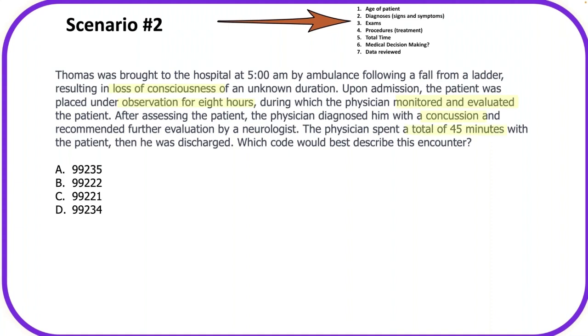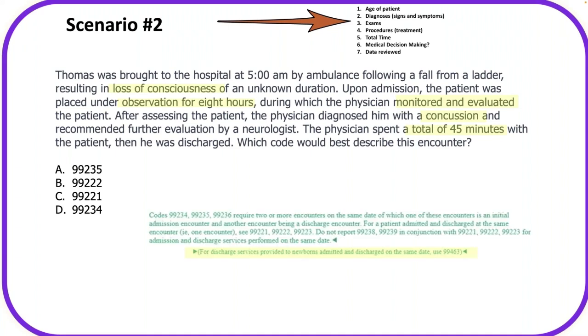And the doctor spent 45 minutes with the patient. And because there was no initial workup and discharge, no initial admission and discharge, then this constitutes one encounter. So we cannot use admit and discharge codes on those same day admit and discharge codes.